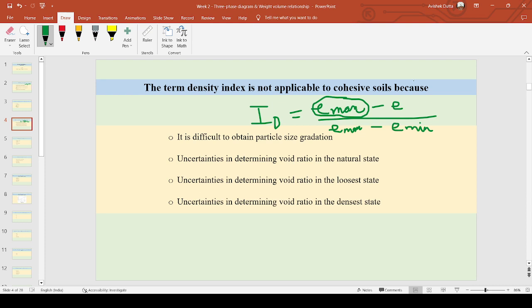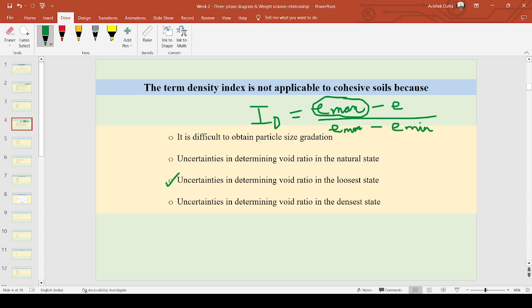But in cohesive soil, because of cohesion, E max is very difficult to find out. There will be many uncertainties involved in it. Hence, density index is not applicable to cohesive soil. It's applicable only for granular or cohesionless soil like sand and gravels, because of the uncertainties in determining the void ratio in the loosest state, that is E max.